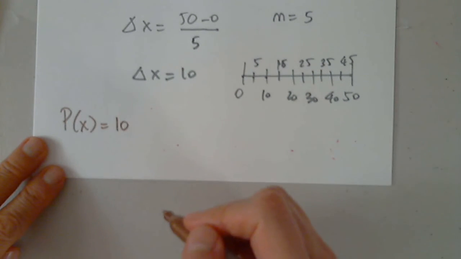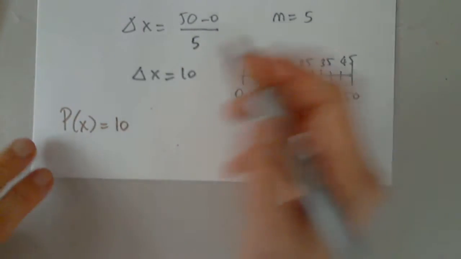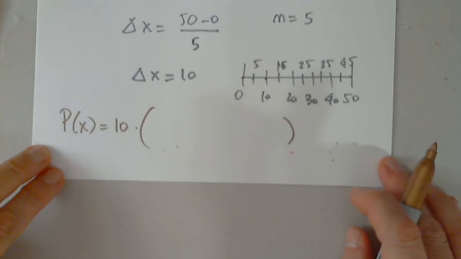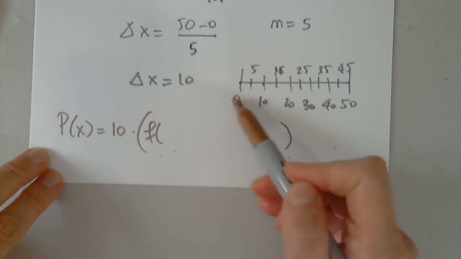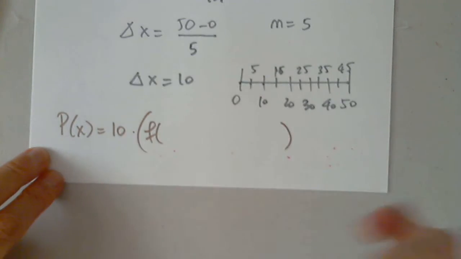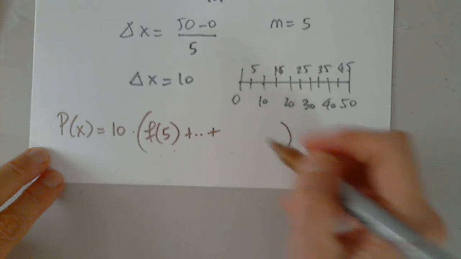So delta x is in front, or if you want to write it with summation notation, that's even better. But let me write it first like this, just a couple of terms. Let's do the midpoint this time: f of 5 plus dot, dot, dot, f of 45.